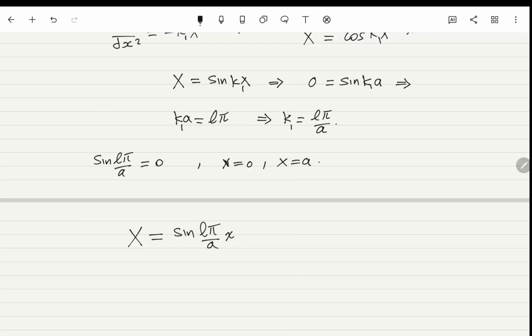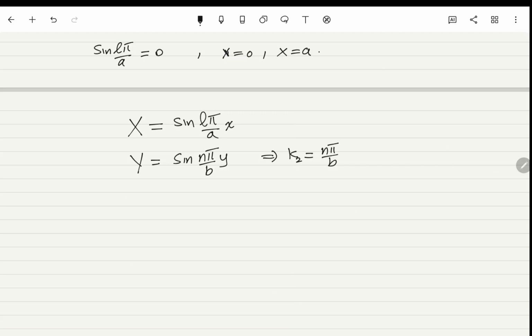Following the same procedure, Y will be equal to sine n pi over b y, now b, because it's the other side of the rectangular box, and with k2 equal to n pi over b.